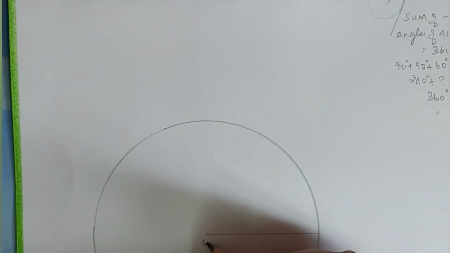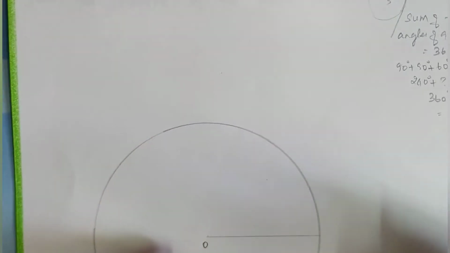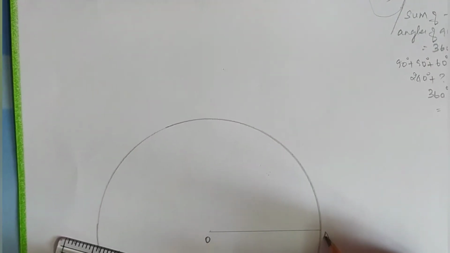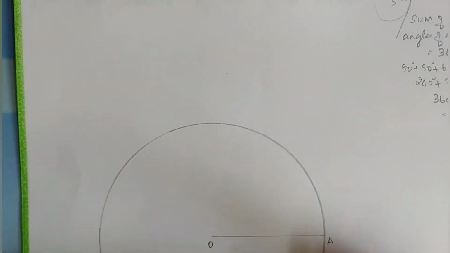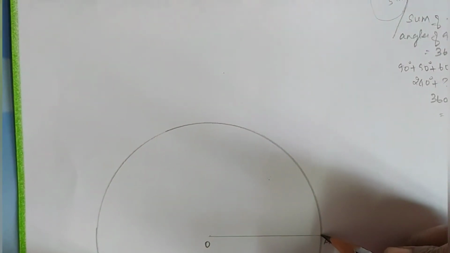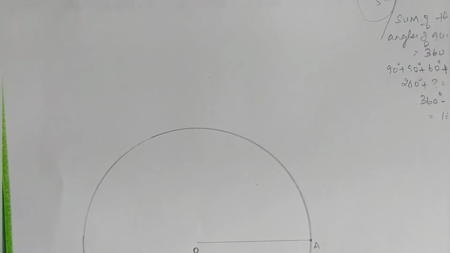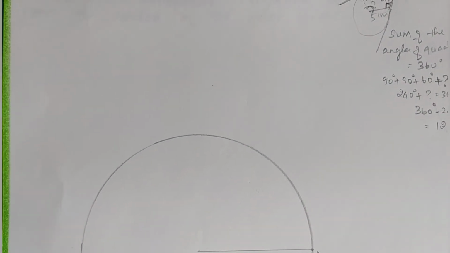This is the center O, and this is A. From here you have to construct 90 degree. We all know how to construct 90 degree.